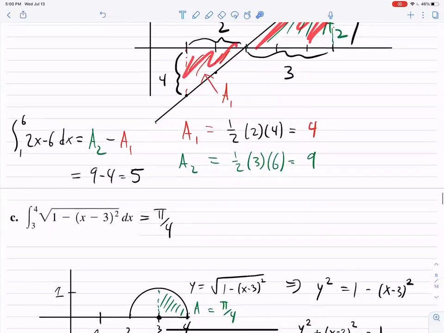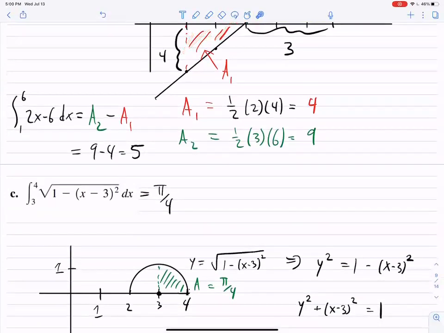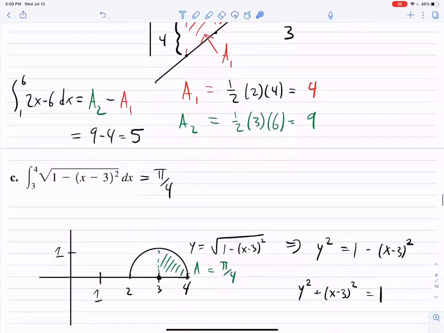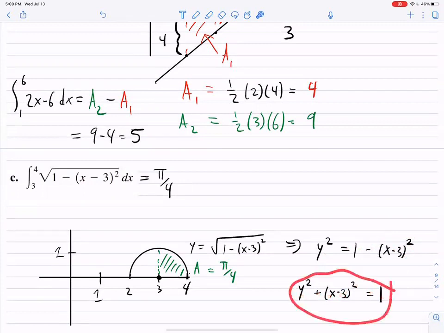And then finally, let's do this one. The integral of the square root of 1 minus (x minus 3) squared is going to be pi over 4, and I'm going to show you where that comes from. This graph might not look familiar as written, but if you square both sides, you get y squared equals 1 minus (x minus 3) squared, and then you add this to the other side, and you get y squared plus (x minus 3) squared equals 1, which is a circle of radius 1 centered at (3, 0).